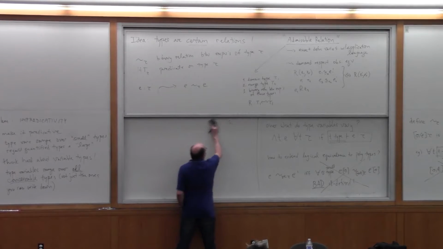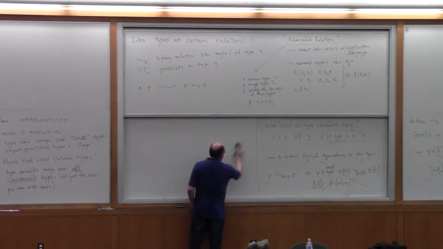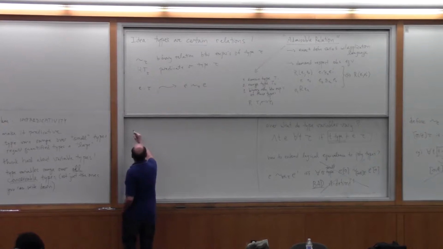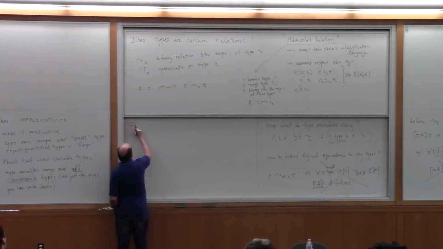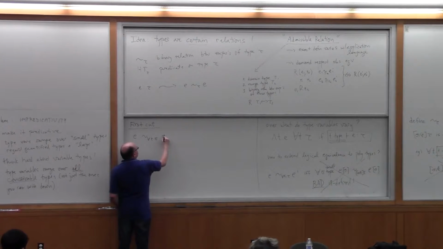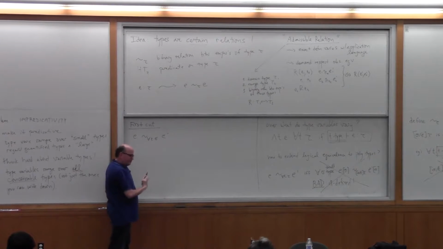I want to extend my notion to account for that. So here's the first cut at what we do. This has to be fixed to make it technically right, but here's the first cut.